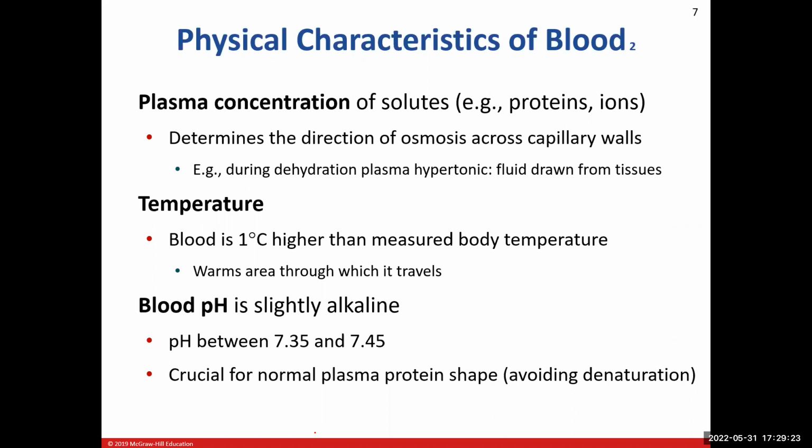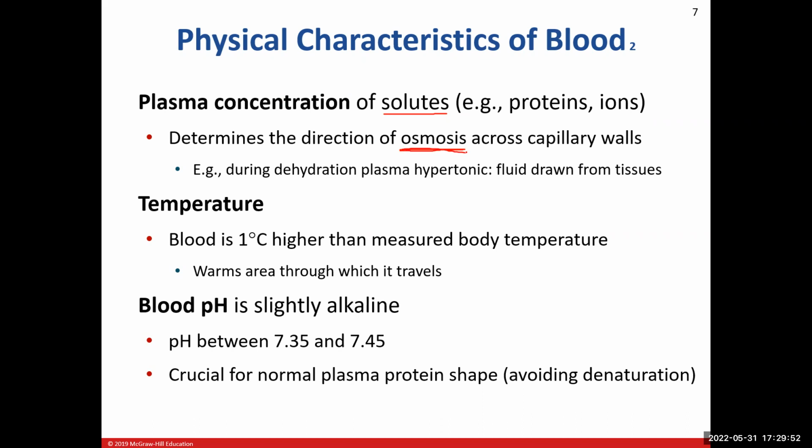But we're also going to look at the concentration of solutes in your blood, different types of proteins, different types of ions: sodium, potassium, magnesium, calcium, all that fun stuff. And so our plasma concentration of solutes is another important characteristic, and that's going to help to drive the all-important process of osmosis.